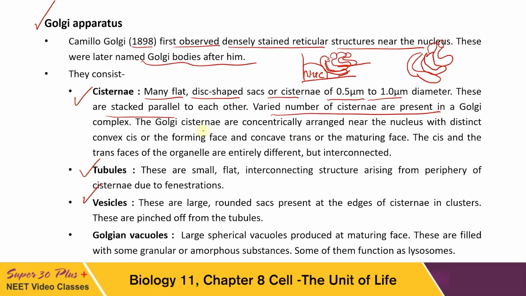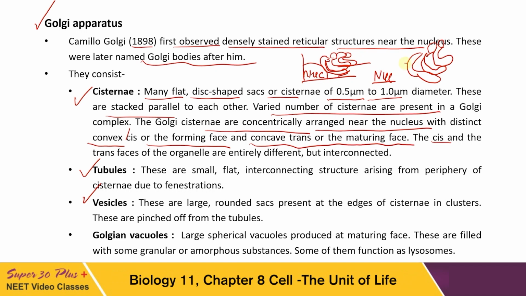These cisternae are concentrically arranged near the nucleus with a distinct convex, cis or forming face, and a concave, trans or mature face. The cis face is close to the nucleus.